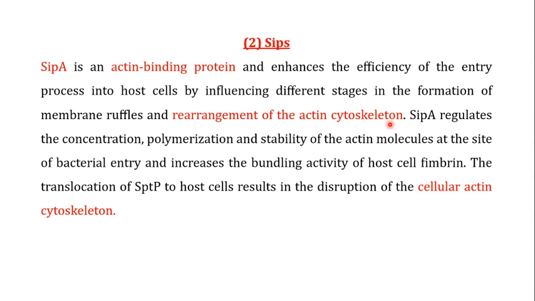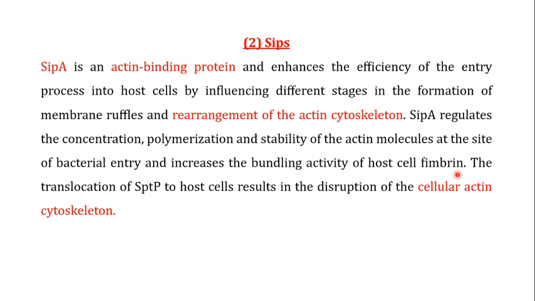Now, what SipA does is that it goes for the rearrangement of this actin cytoskeleton, and it actually regulates the concentration, polymerization and stability of the actin molecule at the site of the bacterial entry where the bacteria have interacted with the host cells, and it increases the bundling activity of the host cell membrane.